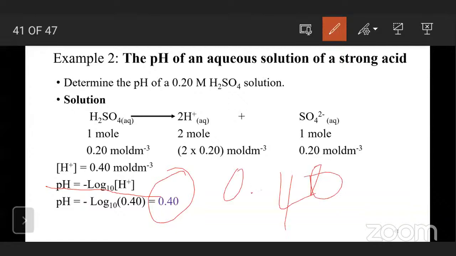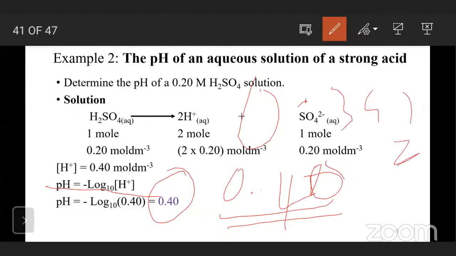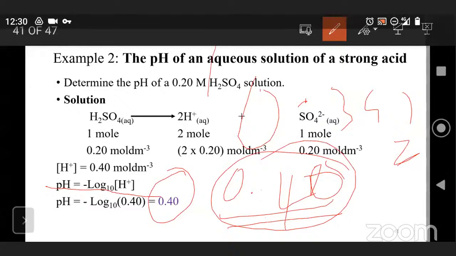It's not always like this, so you have to press your calculator very, very properly so that you will get the accurate result. This is not just 0.40, it's approximated, maybe 0.397 or something, so it's approximated to 0.40. I hope you get this very well.